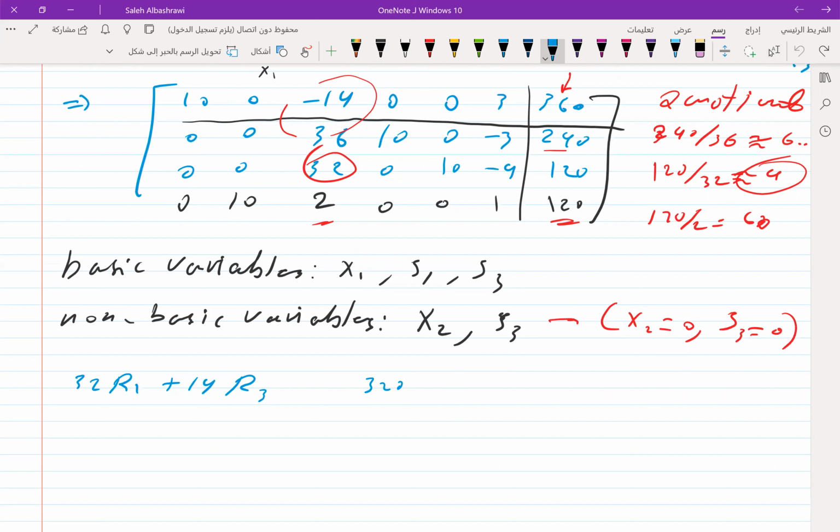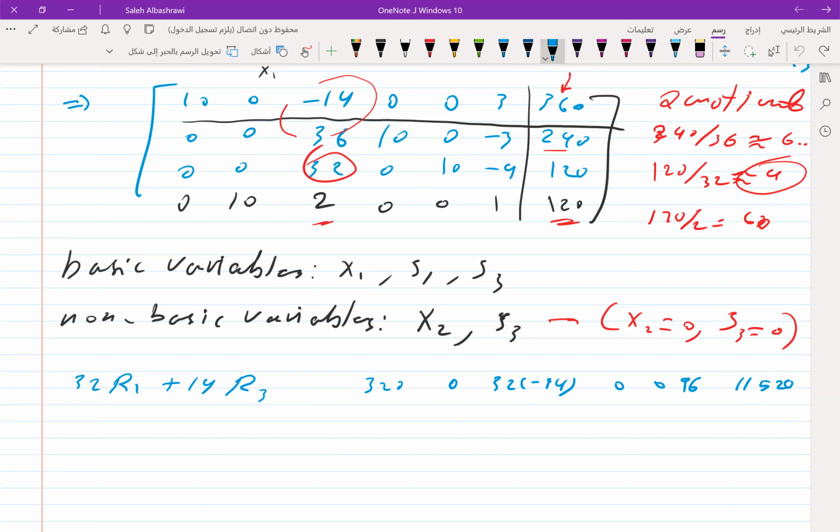And 32 times minus 14, it's 0. This is 32 and minus 14. I'm going to write it in this form. And 0, 0, 96, and 11,520.